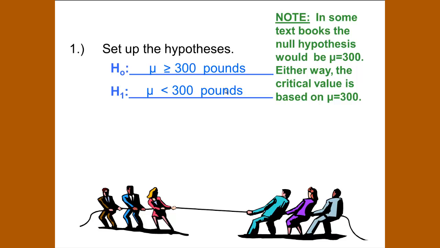It will be either less than, greater than, or not equal to. The difference is that for Mrs. Borlaug, all of her claims will contain the strictly less than, strictly greater than, or the not equal to. And for some teachers, they'll have anything in their claim.